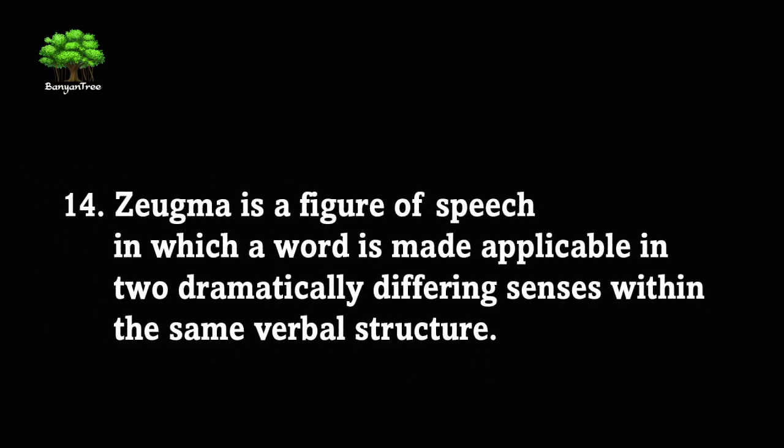Zeugma means yoking. Zeugma is a figure of speech in which a word with two very different meanings is used in the same verbal structure in such a way as to make both the meanings applicable.